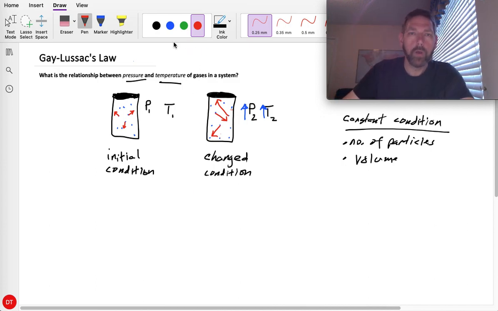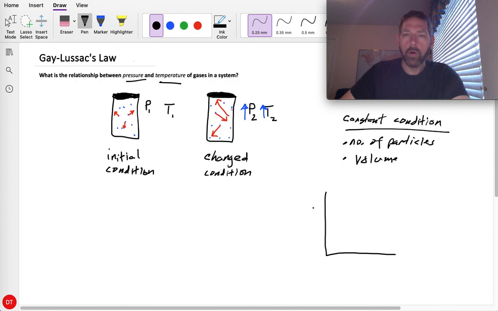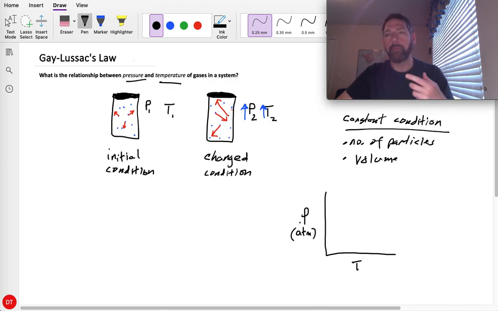Okay, so now we can begin to quantify this a little bit, right? So we're going to do what we've done in all of our other videos. We've got pressure and temperature. Now, pressure can be measured in multiple units. The basic general one, like we've talked about in a previous unit, is atmospheres, ATM.